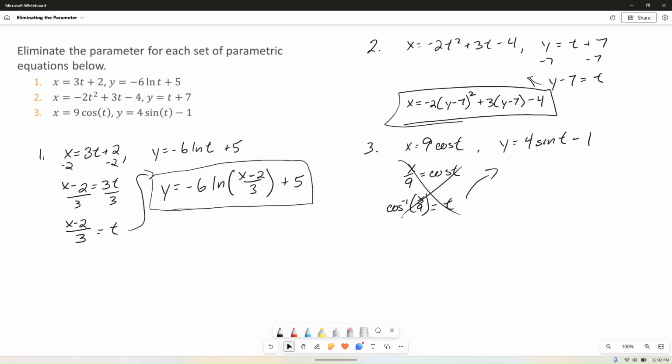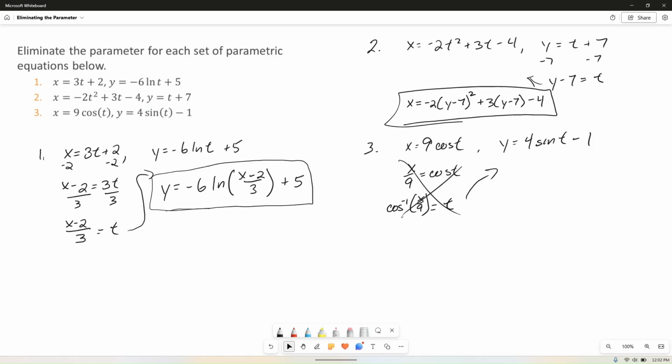Remember that inverse cosine is only defined between -1 and 1, and it only produces values between 0 and pi. And similarly, we have domain restrictions and range restrictions for inverse sine.